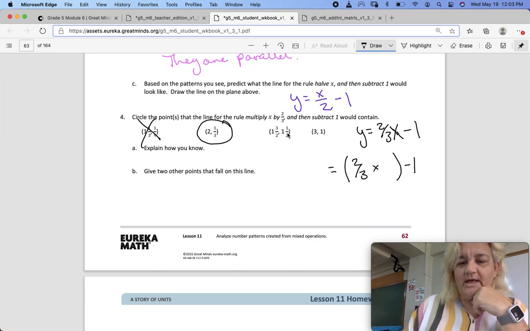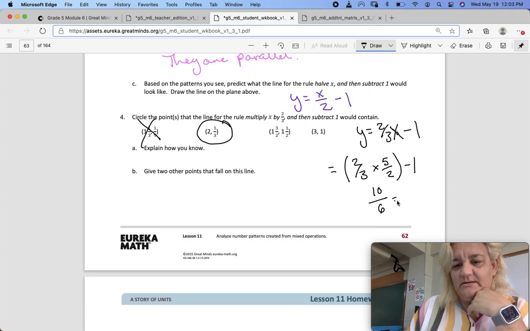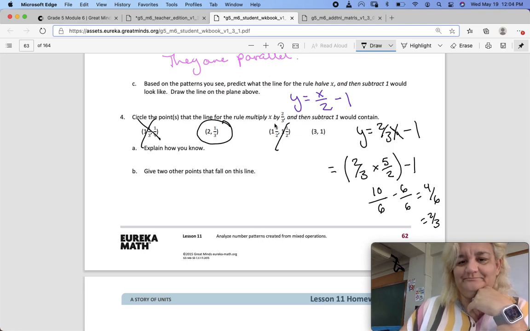Okay, let's erase this one again, and we're going to put 1 and 2/3. So in fact, I'm going to make that 5 halves. So that would give us 10/6 minus 1, which would be 6/6, right? Which would give us 4/6, which equals 2/3. Is the y 2/3 there? Nope, it isn't.